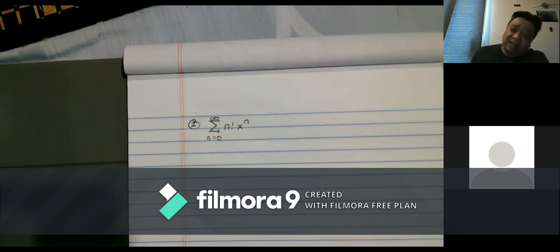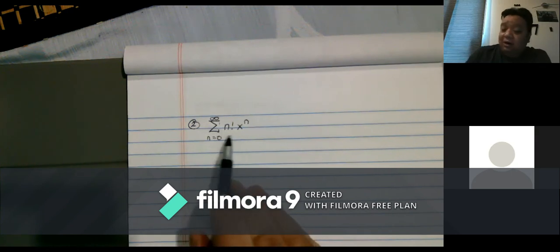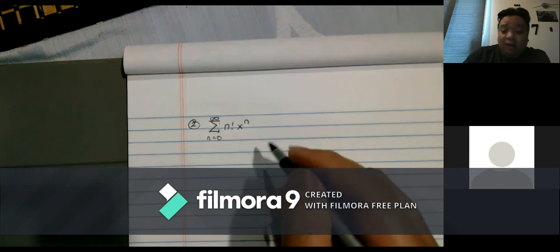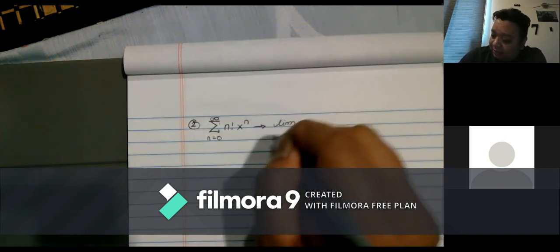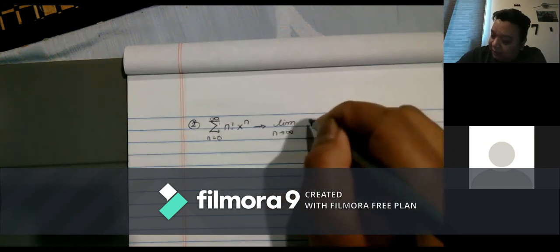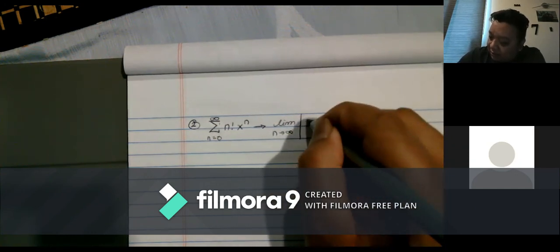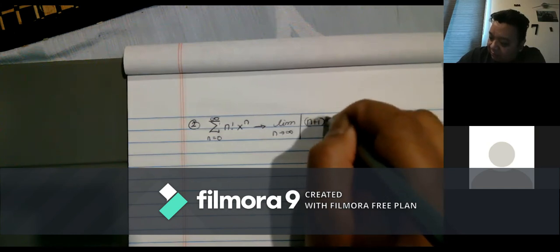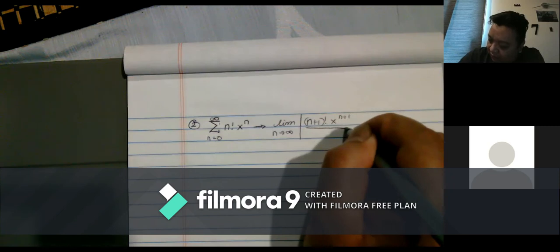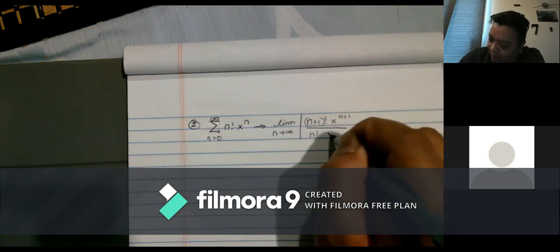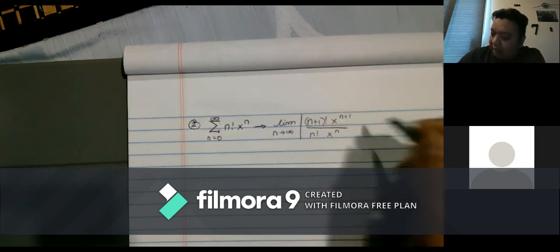And so again, the setup is always to try to do a ratio test. Now, since there are no fractions here, I will write the limit as a fraction: the limit as n approaches infinity of the absolute value of n plus 1 factorial, x to the n plus 1, all over n factorial x to the n power.